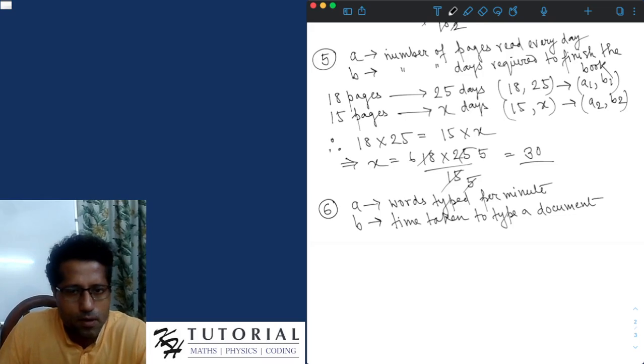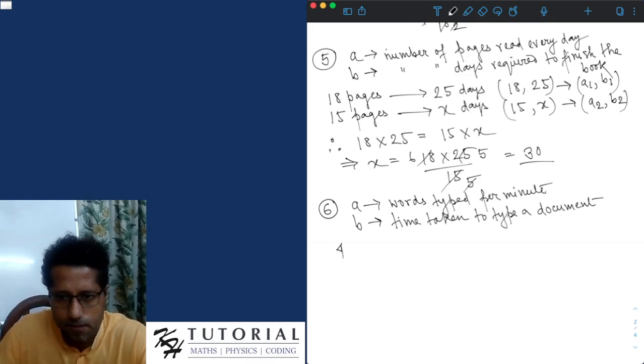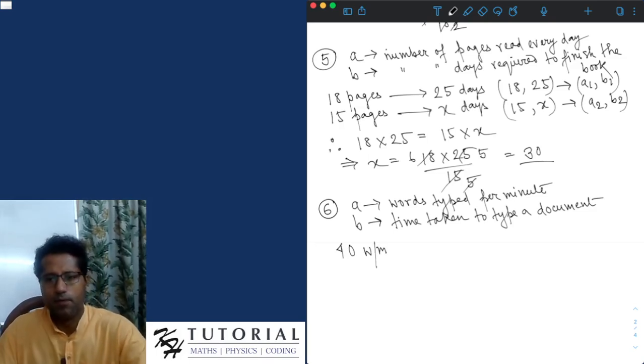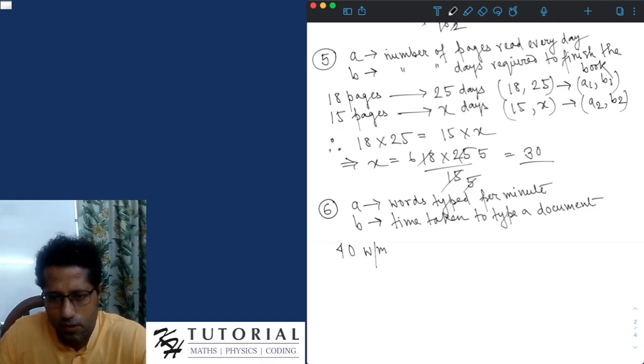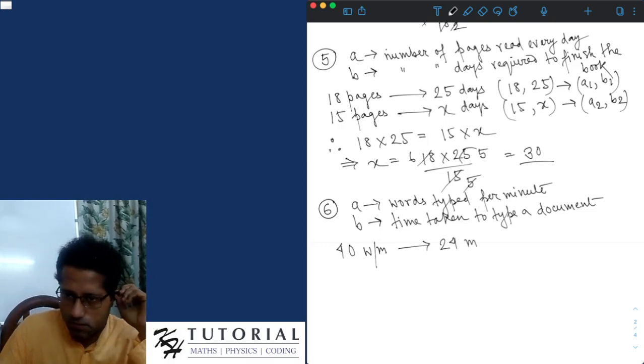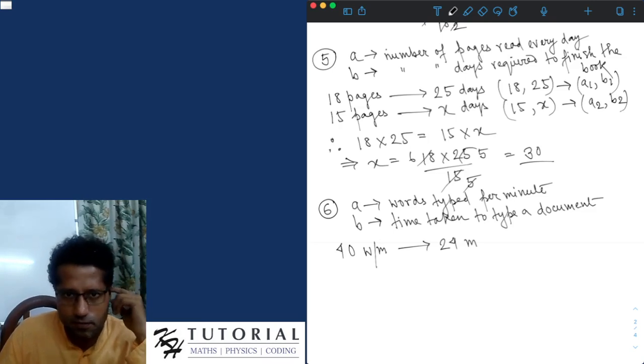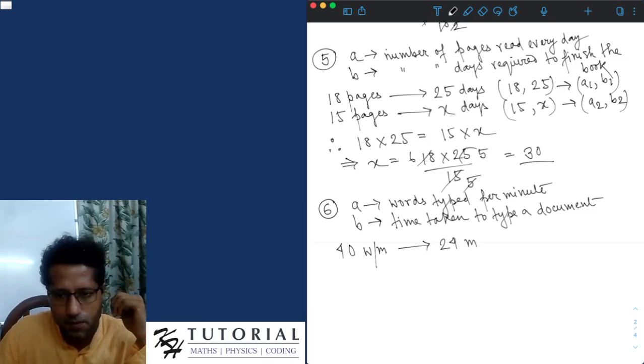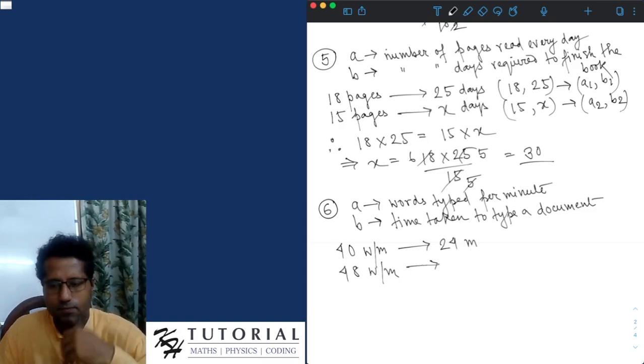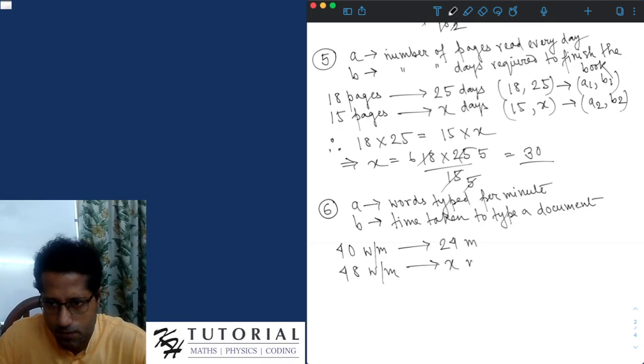Now, the first data given is for Rita. It is given that Rita types 40 words per minute, that is, the value of A is 40. I am writing words per minute as W/M. So with a typing speed of 40 words per minute, time taken is 24 minutes. And it is asking regarding Geeta: if Geeta has a typing speed of 48 words per minute, then how much time will she take to type the same document? Let's say she will take X minutes.